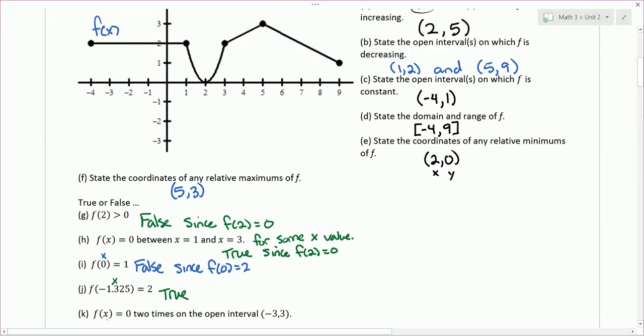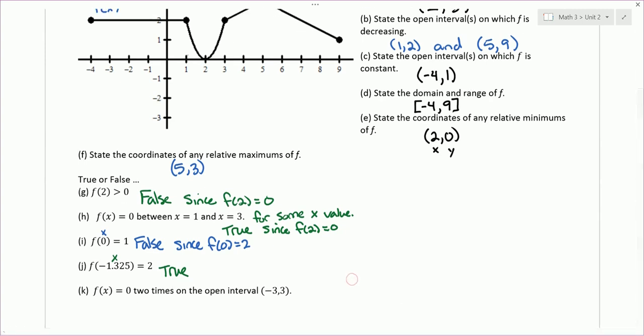It says f of x equals 0 two times on the open interval from negative 3 to 3. So these are x values, from negative 3 to 3. That's interval notation. I'm going to mark those.